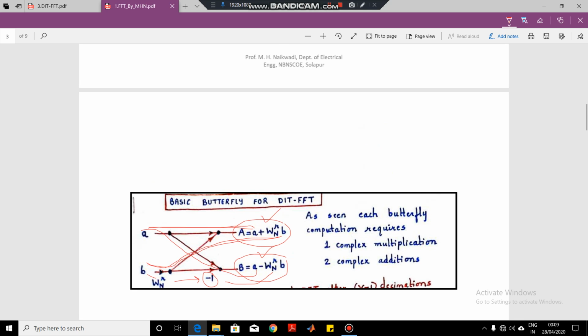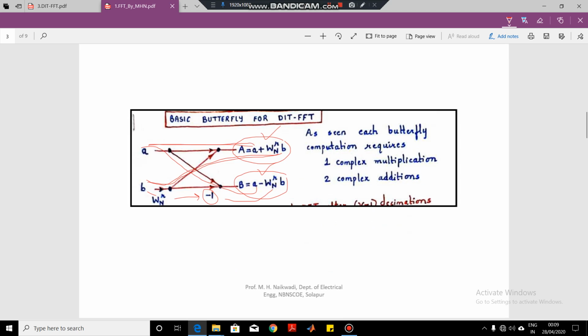So this is our basic butterfly. For the DIT FFT algorithm, we will be making use of this basic butterfly structure for computing the 2-point DFT. Now these 2-point DFTs will be used further in our signal flow graph for computing all the points. Here there were only 2 inputs, but when we are computing the 8-point DFT, N is equal to 8, so there will be 8 input samples.